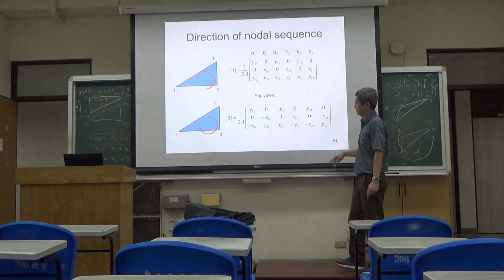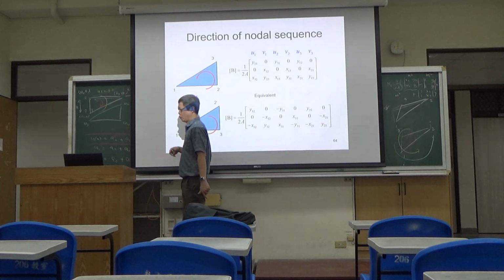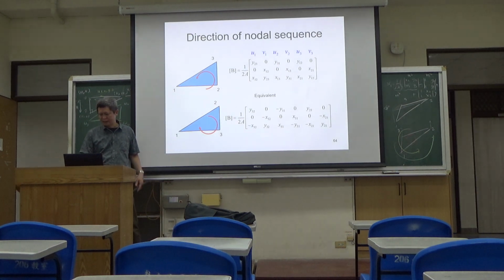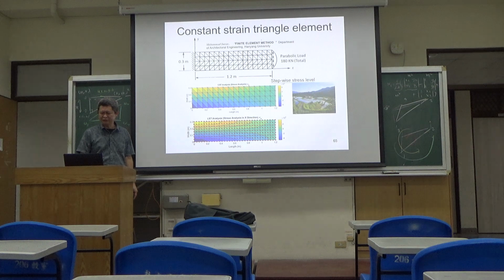So you can stick to 1. Then the B matrix will change its sign. Okay? They're going to give you the same answer, but because of this order sequence, you're going to have the change in the sign of the coefficients. Okay? And that's how you get your constant strain triangle.